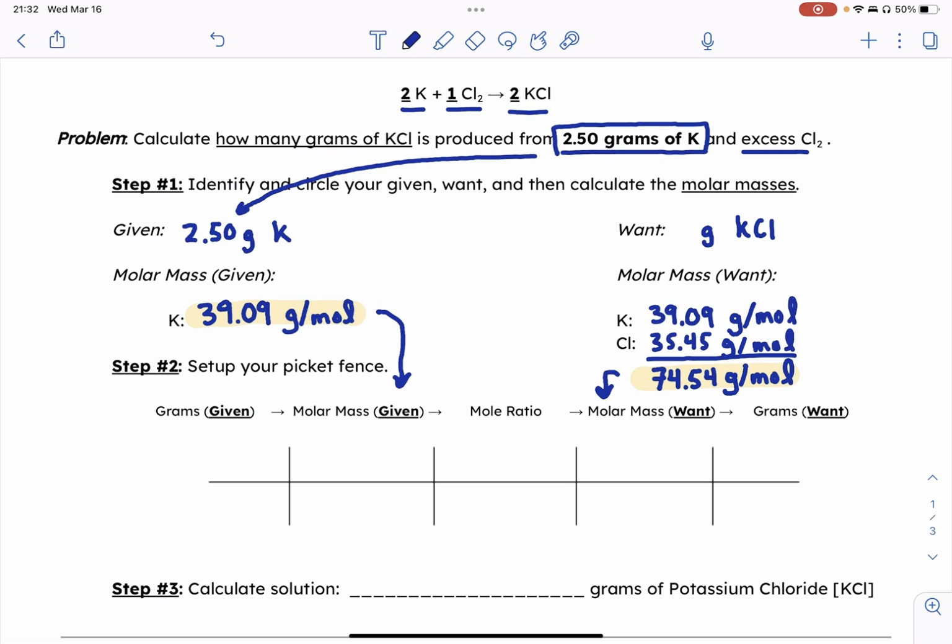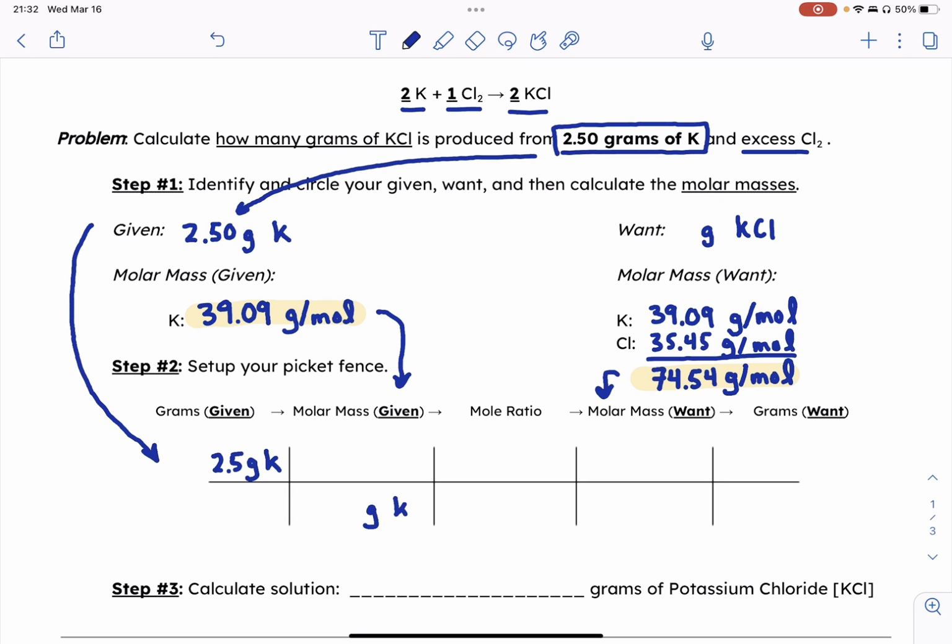So let's go ahead and write the given. The given was 2.5 grams of potassium. So 2.5 grams of potassium. And since you have grams of potassium on the top, that means that when you write the molar mass down, you're going to want grams of potassium on the bottom.